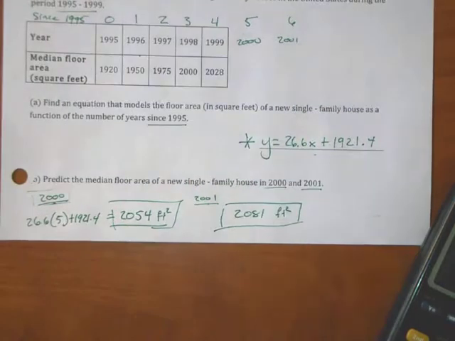We got those again by plugging 5 and 6 into the equation. Any questions about making predictions using this?